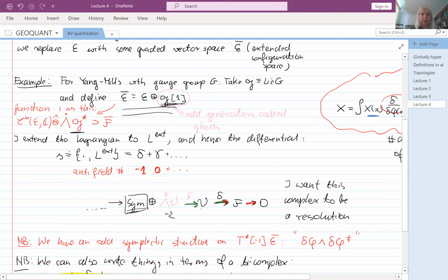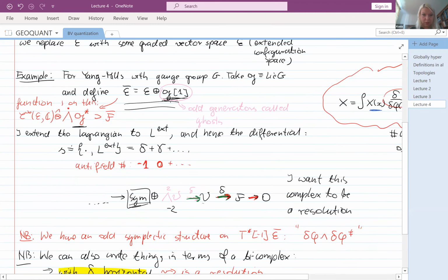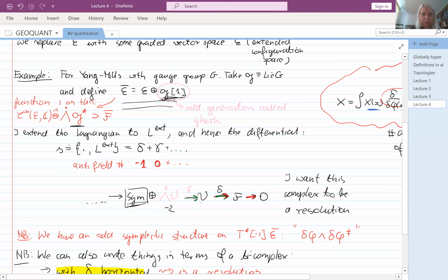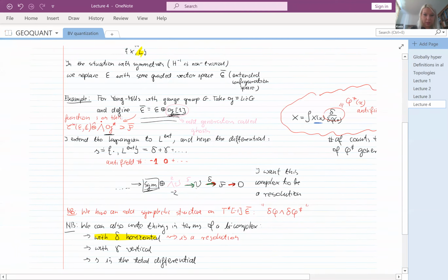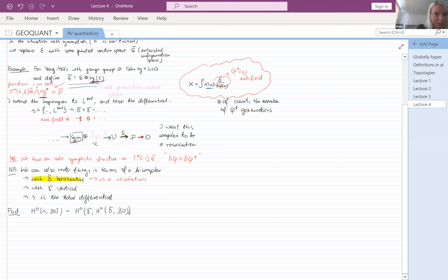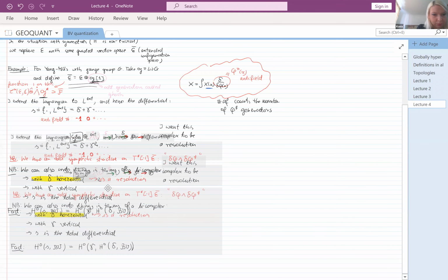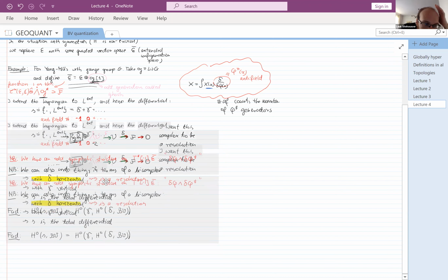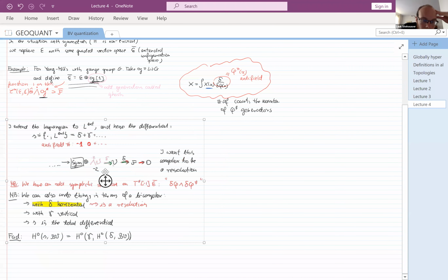Now, if I want to take the odd cotangent bundle, again, I'm going to use the privilege of having the tablet. So I'm going to move this down a bit. Sorry, what's this, BV in your cohomology?